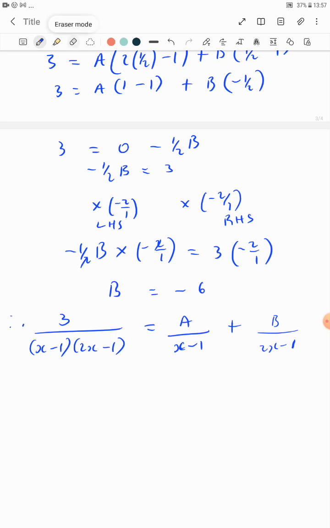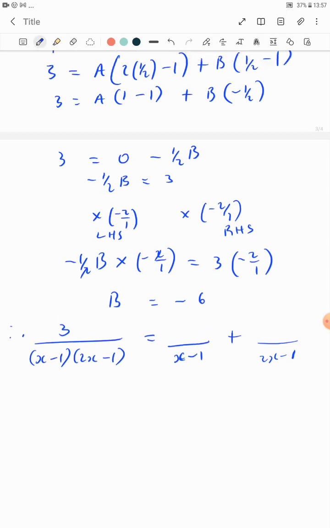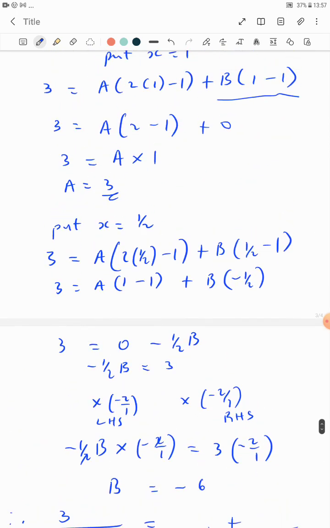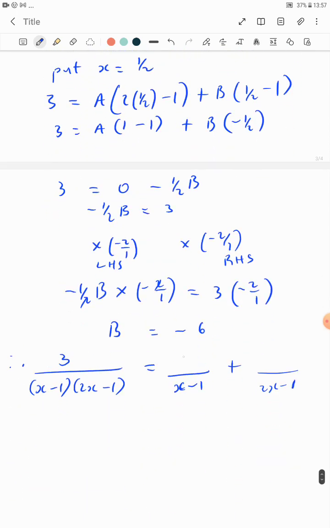We can now eliminate a and b, because this will result to our a, we got our a to be 3. Our a is 3, so that will be 3. This is minus 6. So instead of just writing the minus 6, that minus will multiply this plus, and that will make it minus.